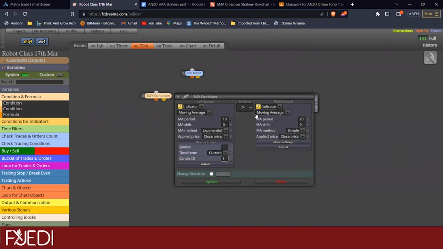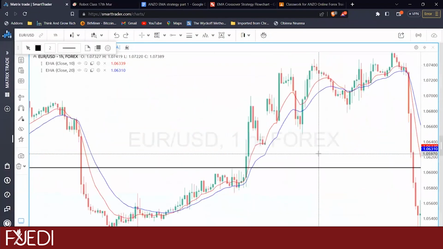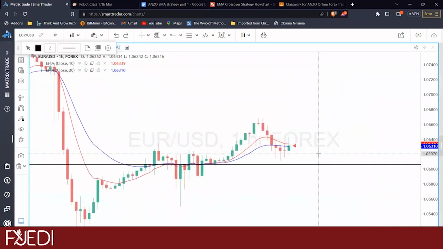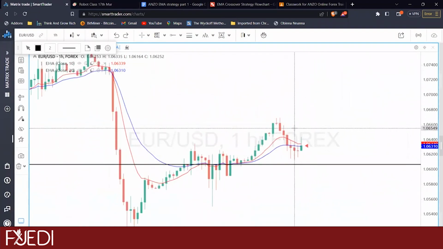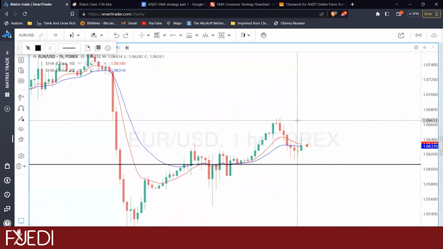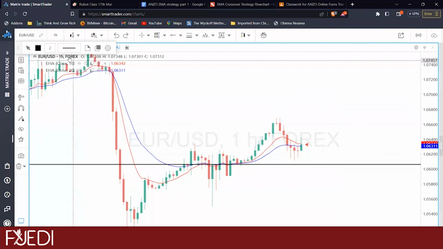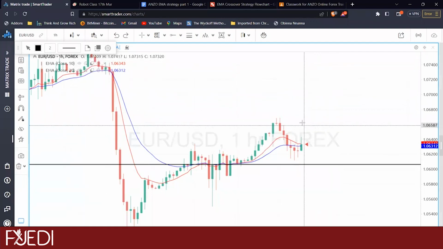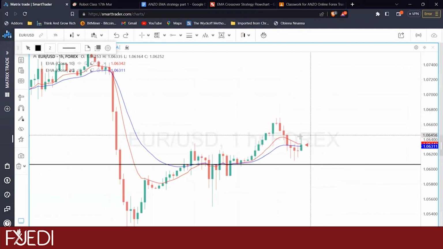Now, what does candle ID 1 mean? Let me go back here and go to current price, right? At each point in the charts, especially based on the time frame, since we're on the 1-hour chart, this current candle that is currently ongoing is candle ID 0.